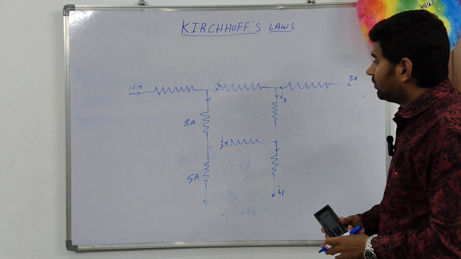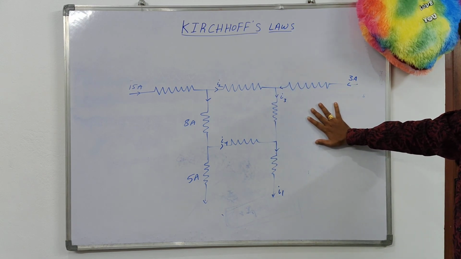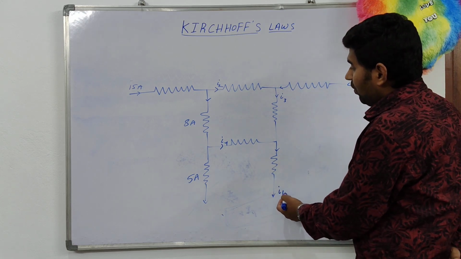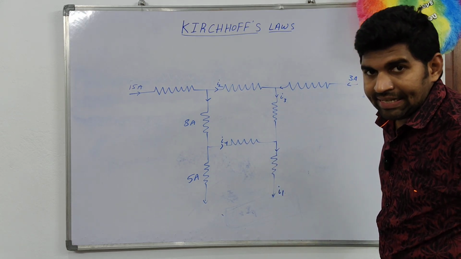Now the circuit is clear. This is one example circuit. Now we have to find out the unknown values I1, I2, I3, I4 by using KCL.